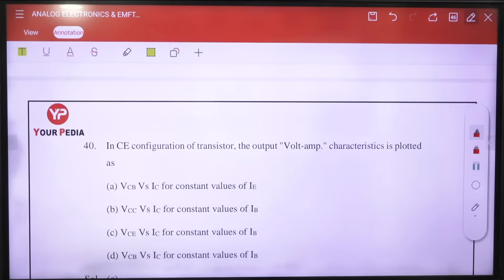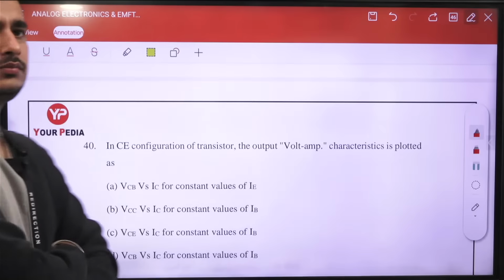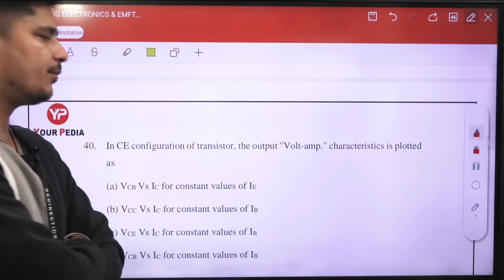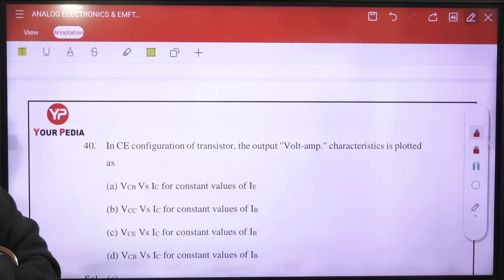In common emitter configuration, the output voltage-ampere characteristic is plotted as follows. In common emitter, for the output, the output will be taken across the collector terminal, right?